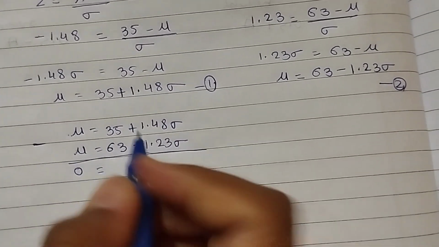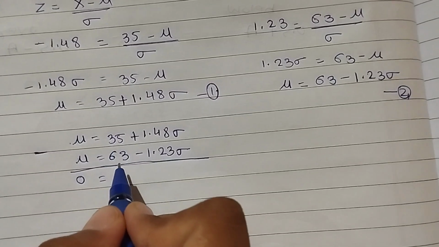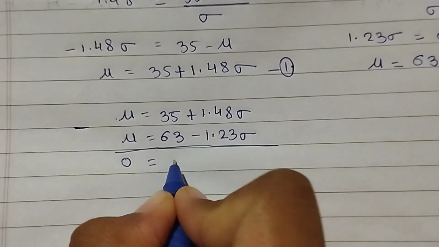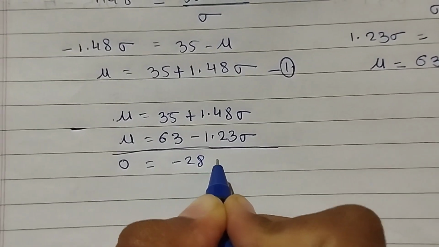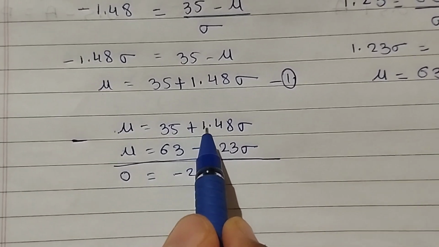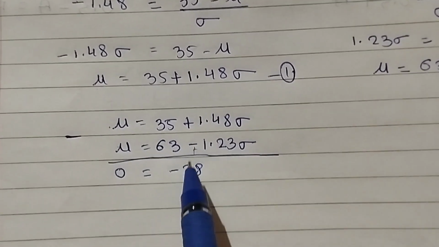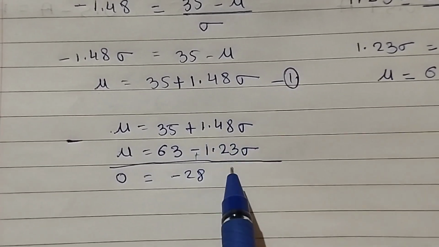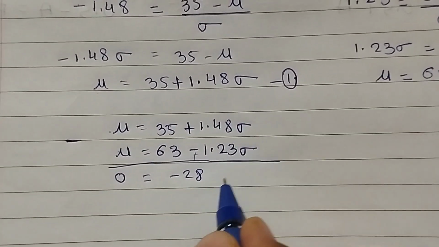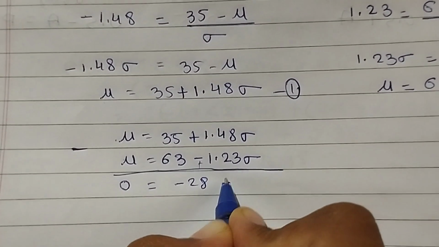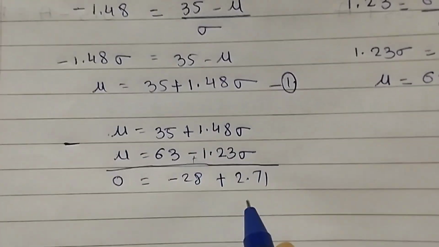Here 0 is equal to 35 minus 63, which is negative 28, and 1.48 minus a minus gets plus, so 1.48 plus 1.23 is equal to positive 2.71.